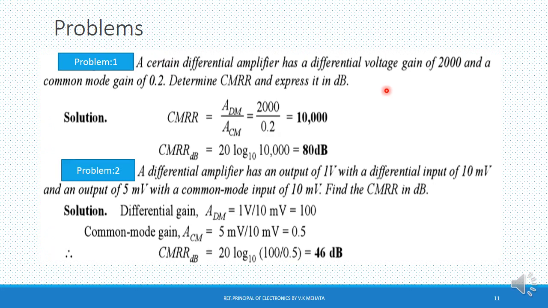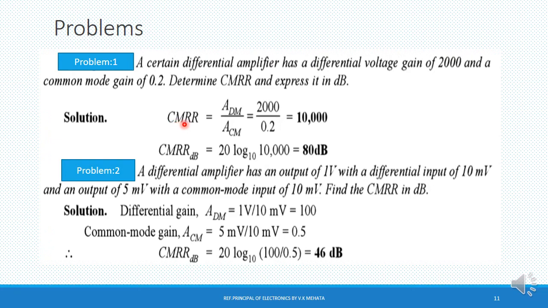That means the differential voltage gain, that is ADM, is equal to 2000, and the common mode gain, that is ACM, is equal to 0.2.